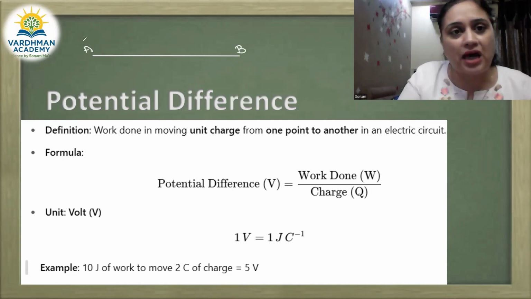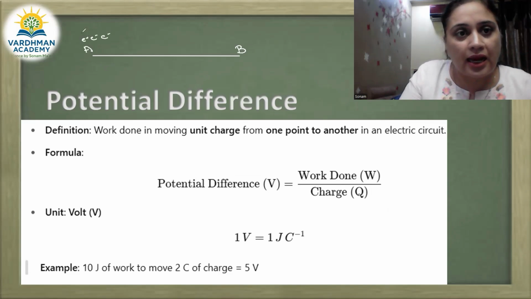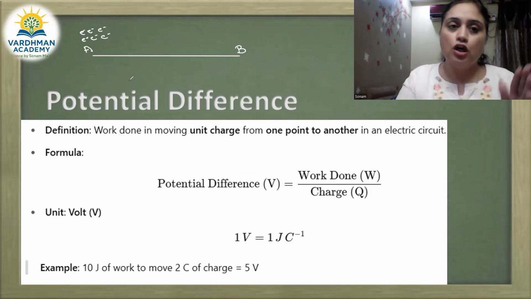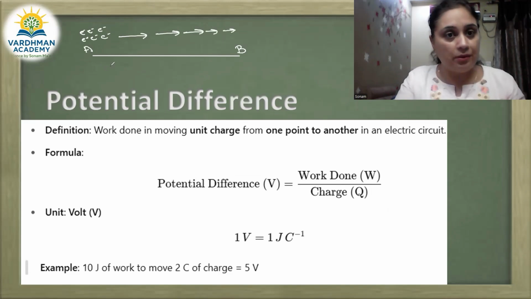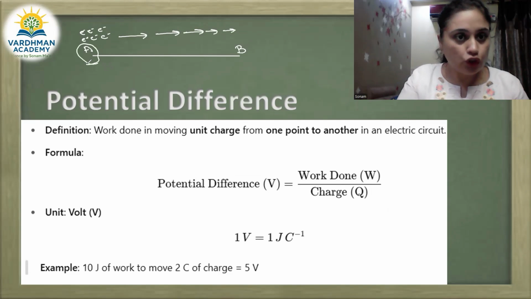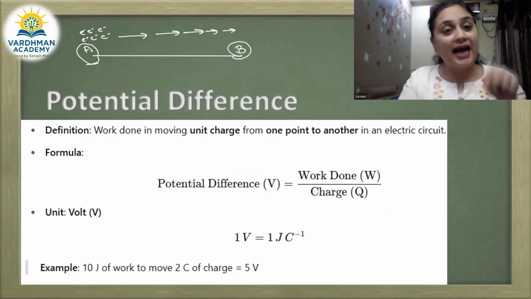The charges are present at point A, and I have to move these charges, that means the electrons, to point B. Then the work done to move those charges from terminal A to terminal B is known as potential difference.